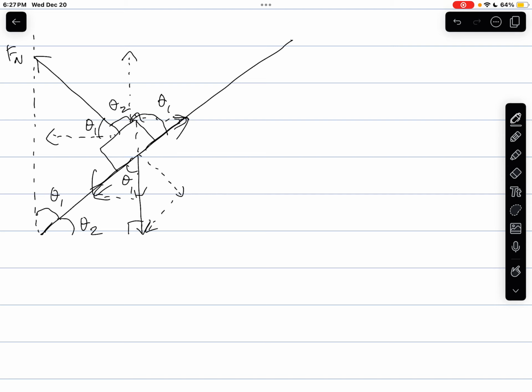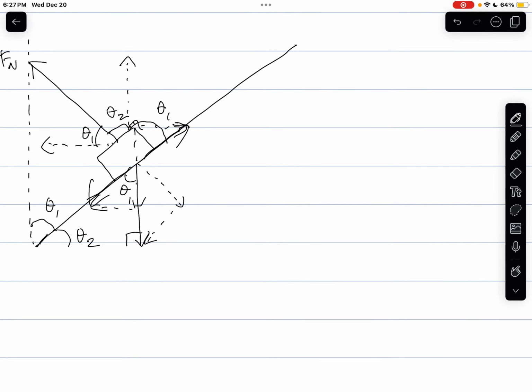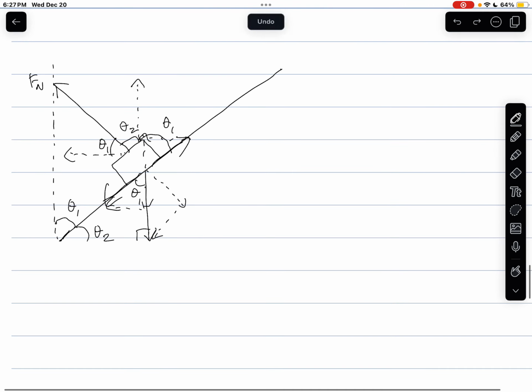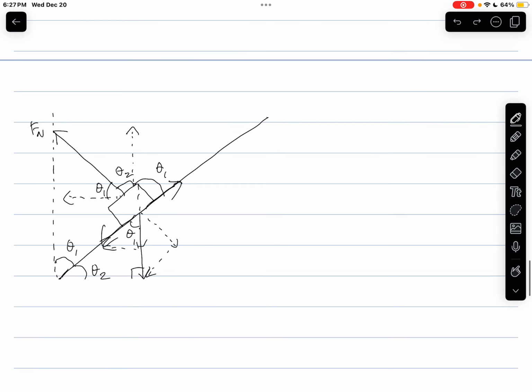And yeah, I think that's how you prove it. That's how I found what angle to use, and which sine and cosine to use.